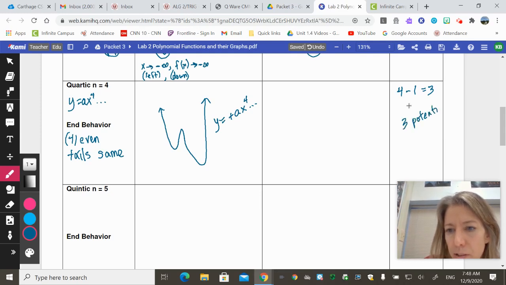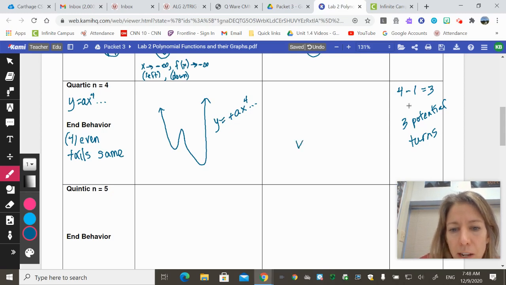This is where we have to start using the word potential, because sometimes if we get a quartic, and we saw this at the last problem, exercise 4 of lab 1, it was a positive lead coefficient, but we can also have the same with a negative.